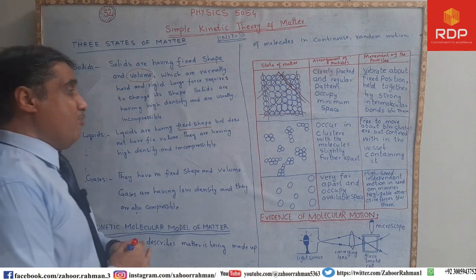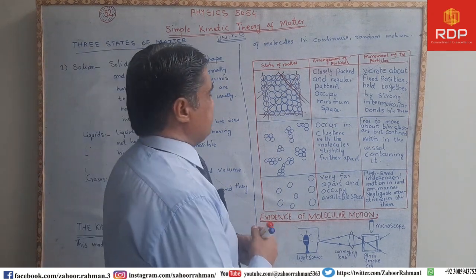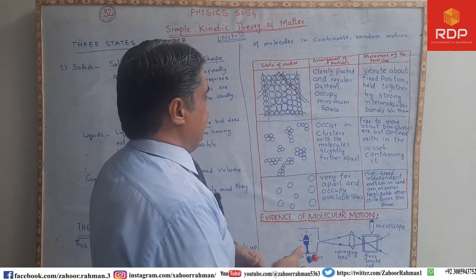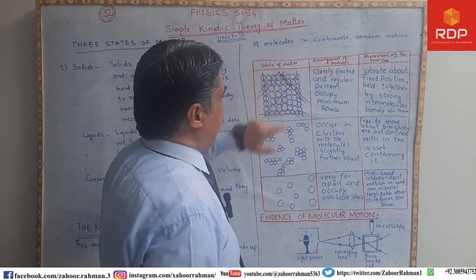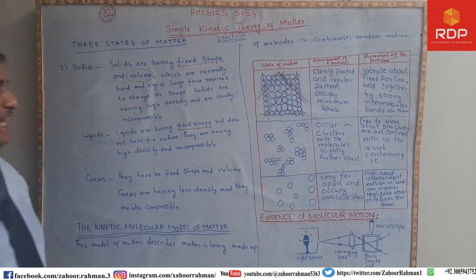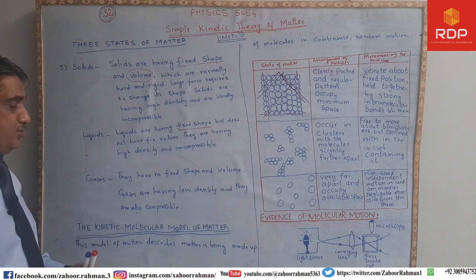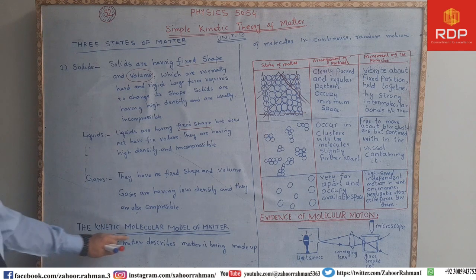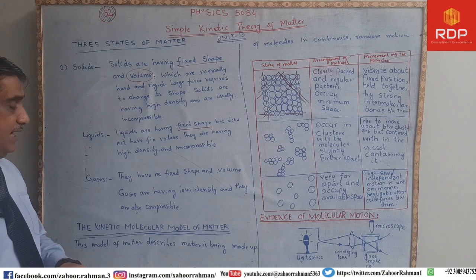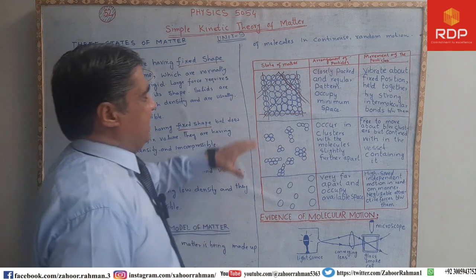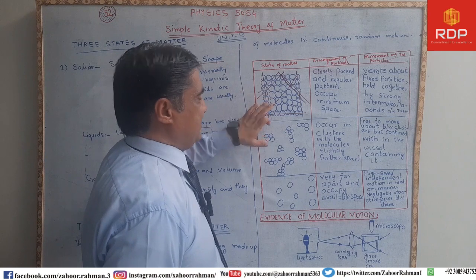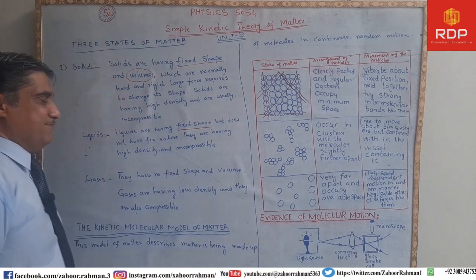And one thing more you can observe, that they are closely packed. That is why solids are occupying less space. And thanks to the kinetic molecular model of matter, we can explain these things very easily.